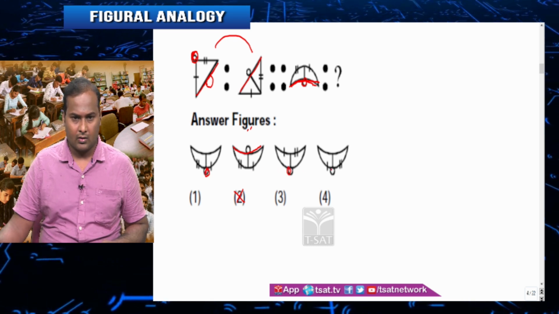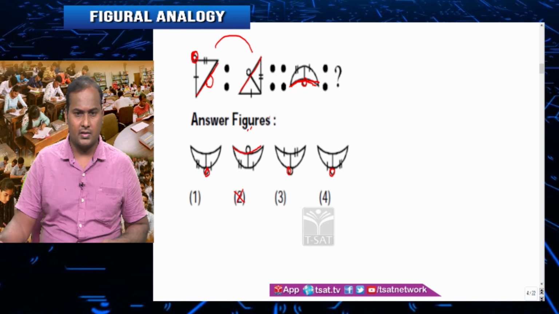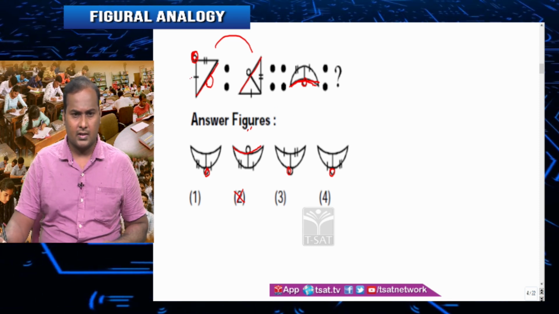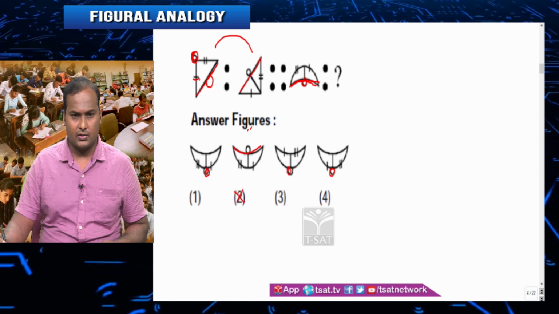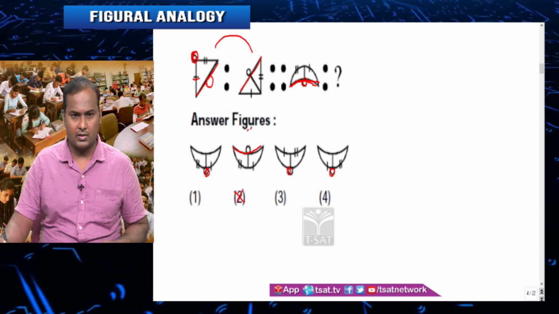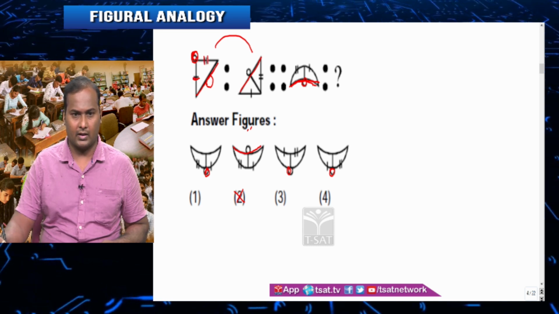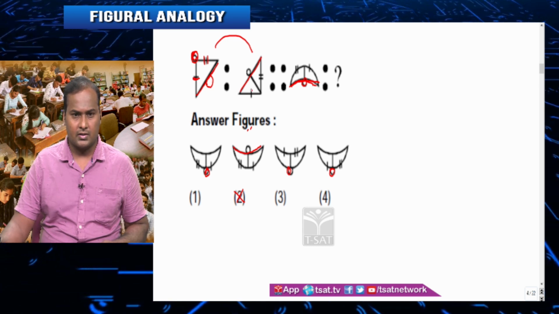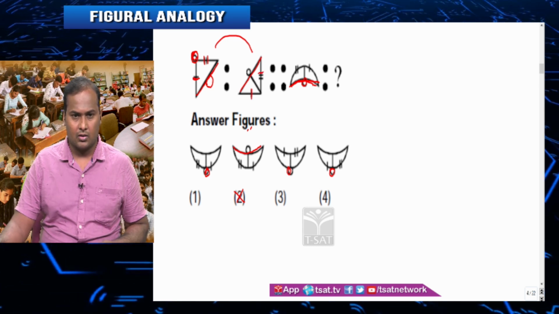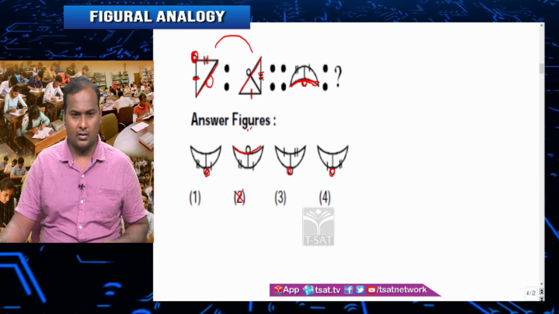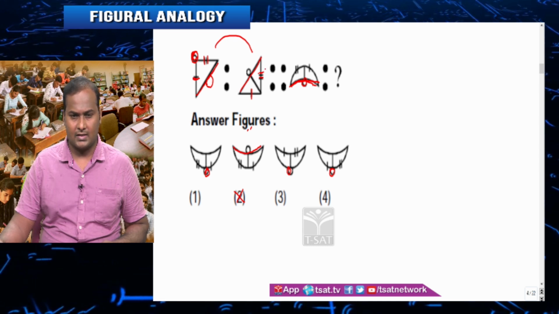Now the next thing that you need to check is the position of lines. In this case, the position of lines is not changing much, the direction is the same. So this will be on your left side and this on your right side, imagine. So here also it is the same thing, left side and right side. There is no much change in the position of dots as well.